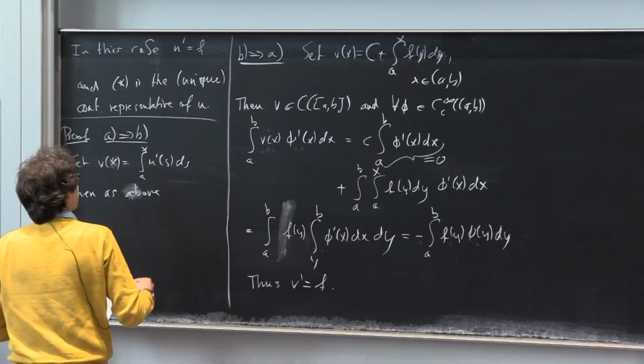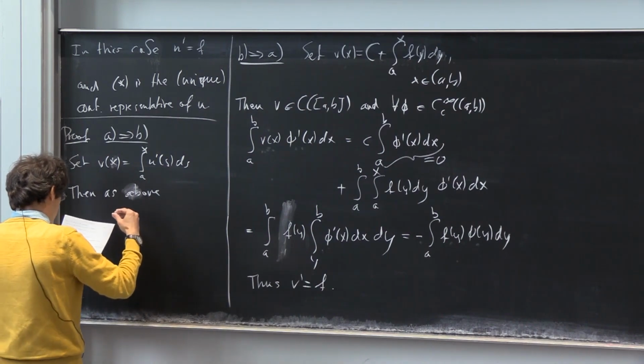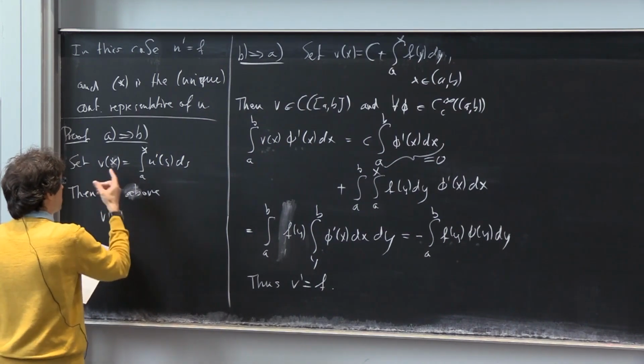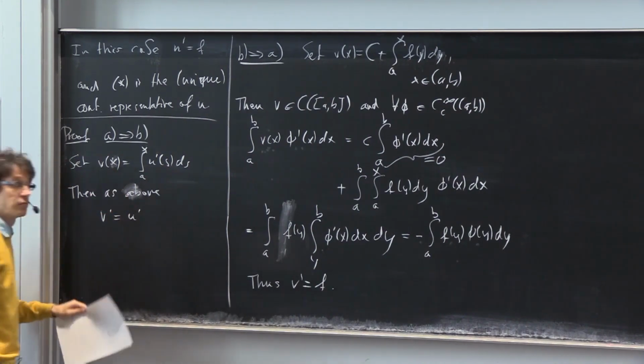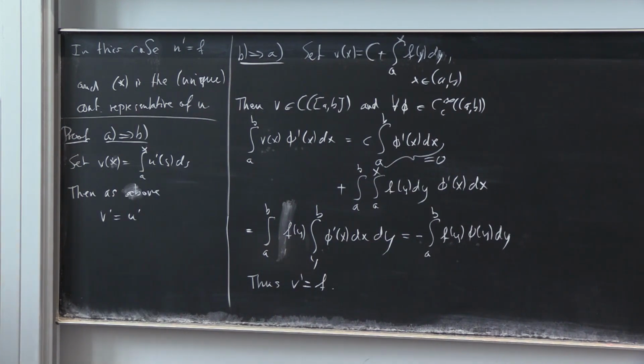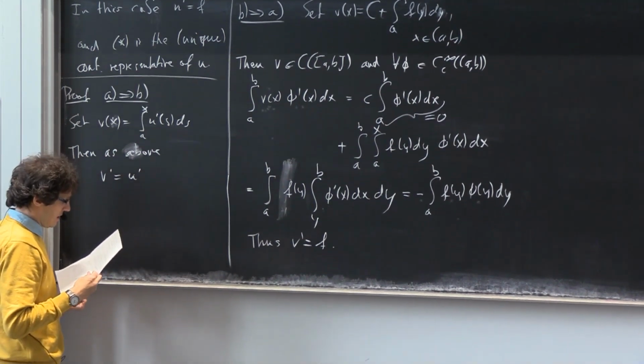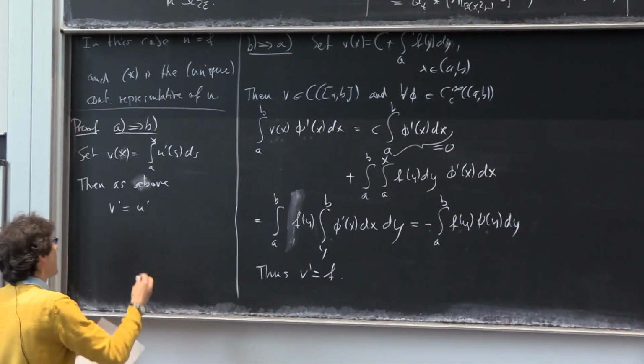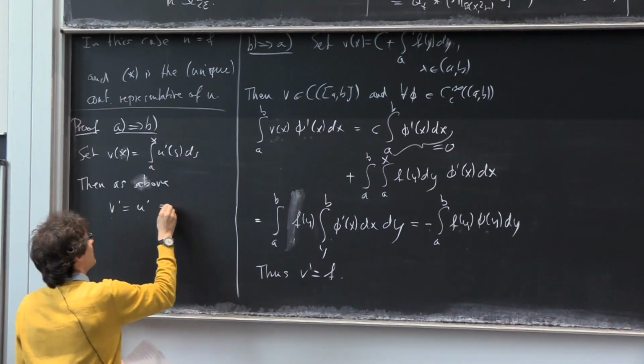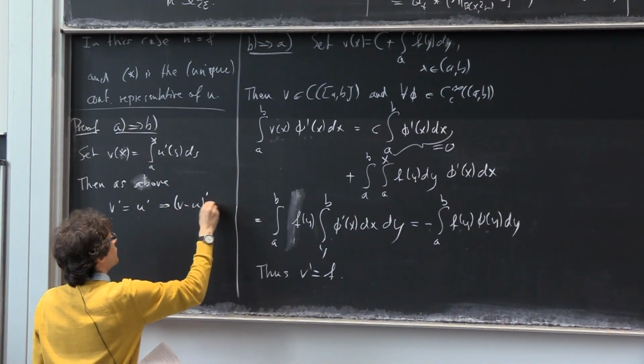So this gives you that v is weakly differentiable and the derivative is u prime. So somehow we used b to a here. And now, okay, this means v minus u is 0 in the weak derivative.